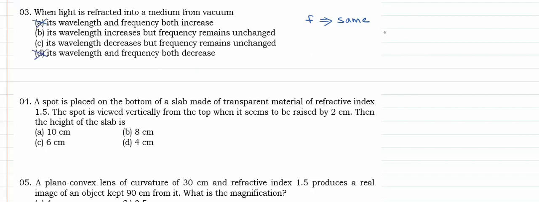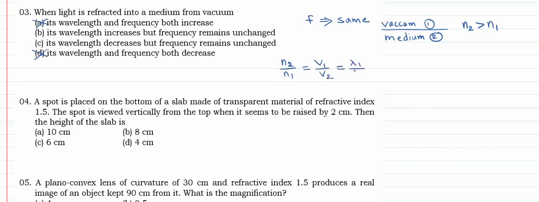Now, it is going into a medium from vacuum. So vacuum is the first medium, and this is another medium, the second. The refractive index of vacuum is 1, so you can say n2 is greater than n1. We wrote this above. So how are n and lambda related? n2 by n1 is equal to v1 by v2 is equal to lambda 1 by lambda 2.